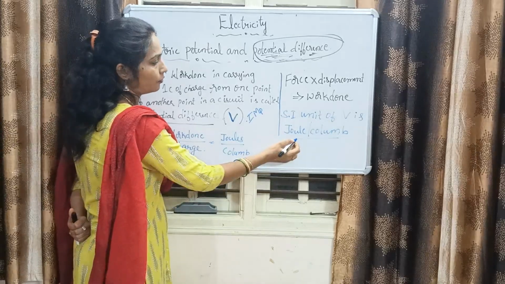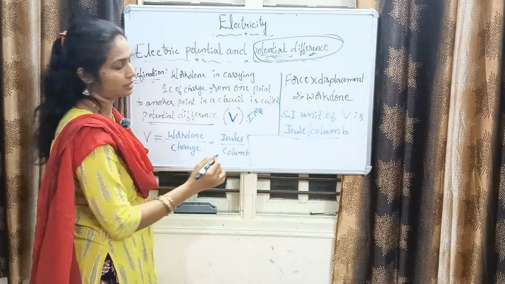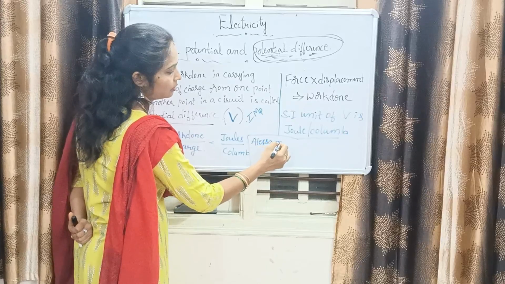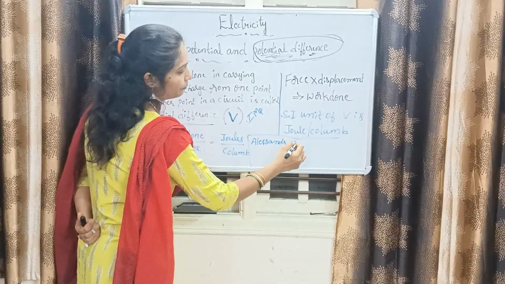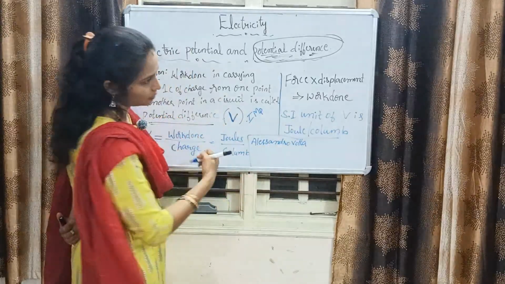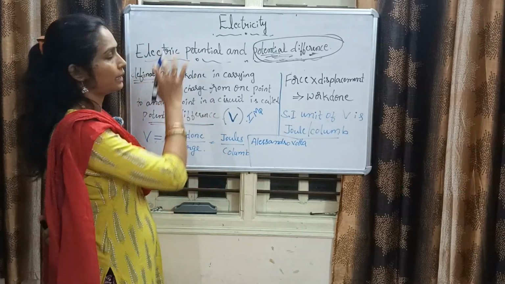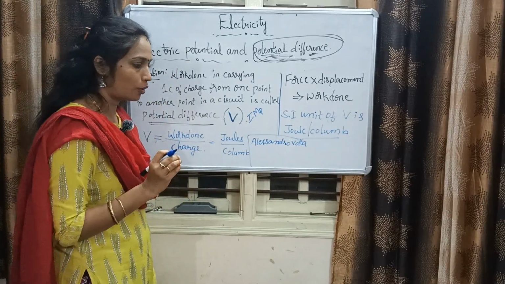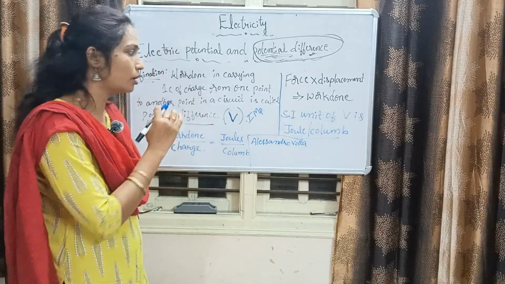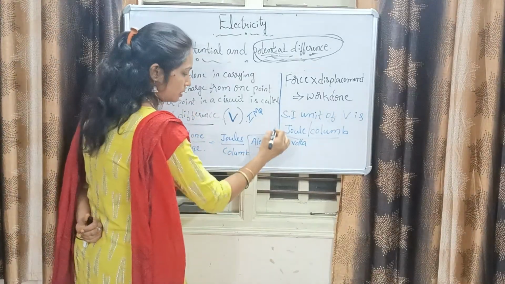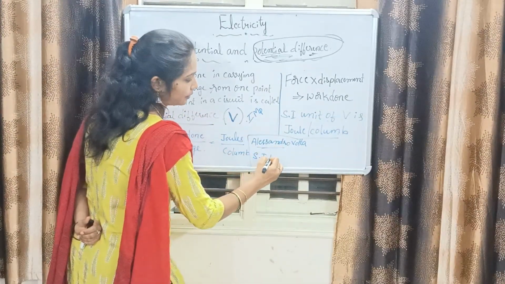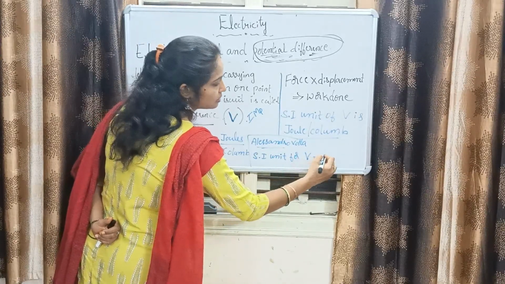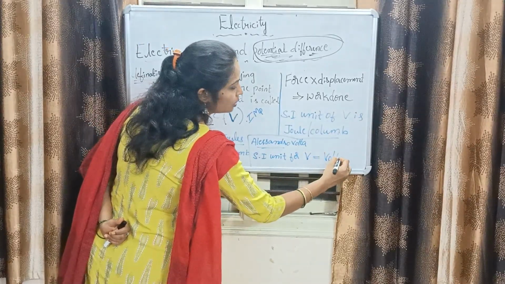In honor of one of the scientists, Alessandro Volta, who made a lot of contribution to electricity and explained something very important on potential difference. In honor of this scientist, the SI unit for potential difference is nothing but volts.